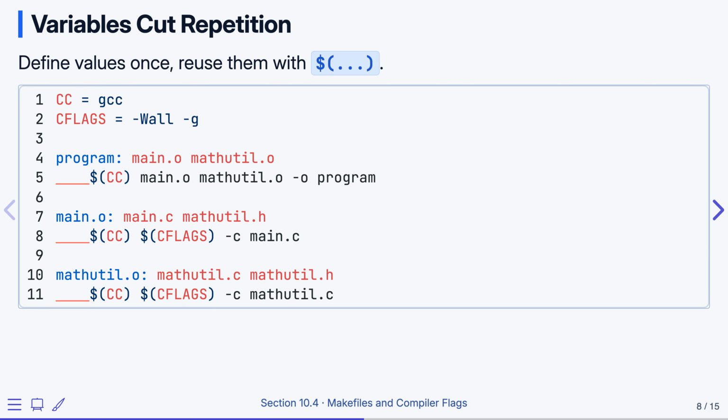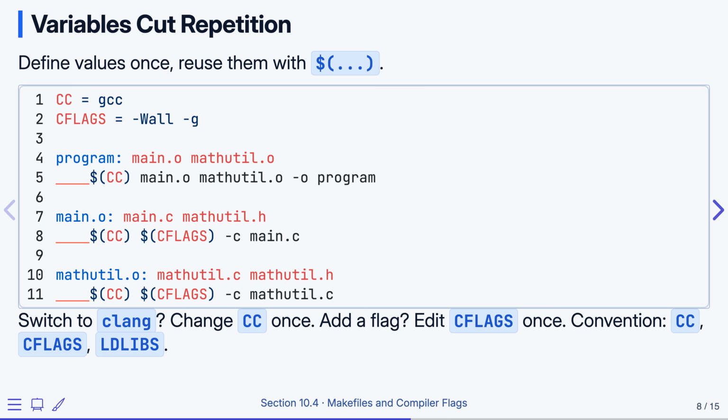Typing gcc and the same flags in every recipe is repetitive. Makefile variables fix that. You define a value once and reuse it with a $ sign and parentheses. Here, CC equals gcc and CFLAGS equals -Wall -g, then every recipe uses $(CC) and $(CFLAGS) instead of writing them out.